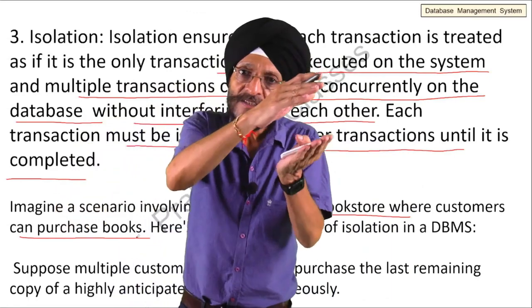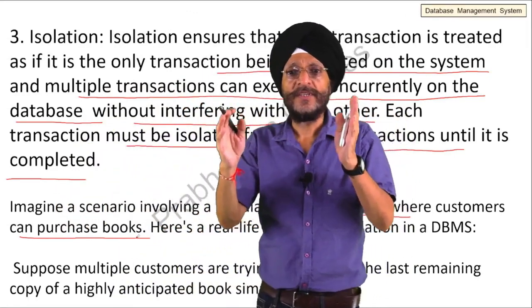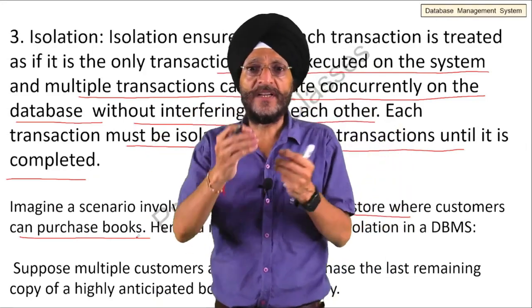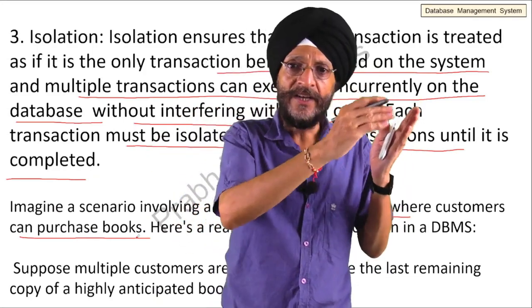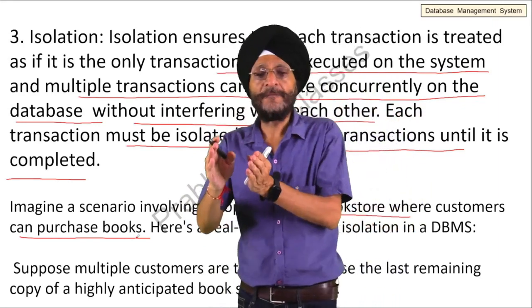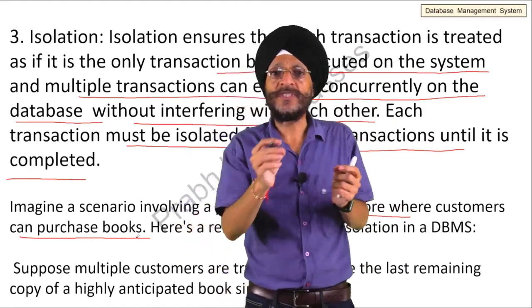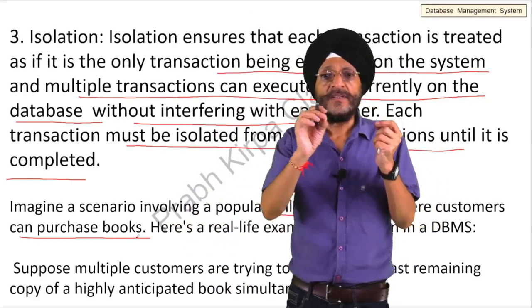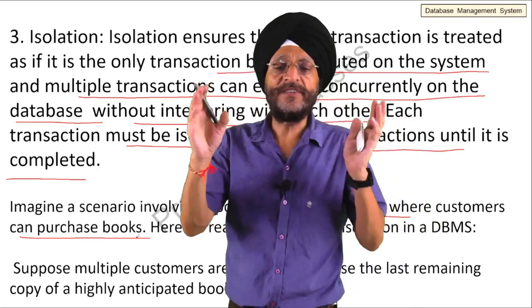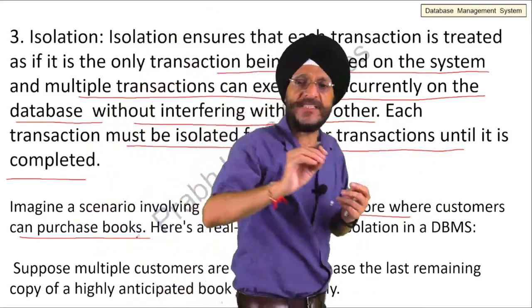We have already learnt about the isolation levels in DBMS. That is, read uncommitted, read committed, repeatable read, and serializable. Suppose in this case of the bookseller, the isolation level used in DBMS is the highest level, that is the serializable.